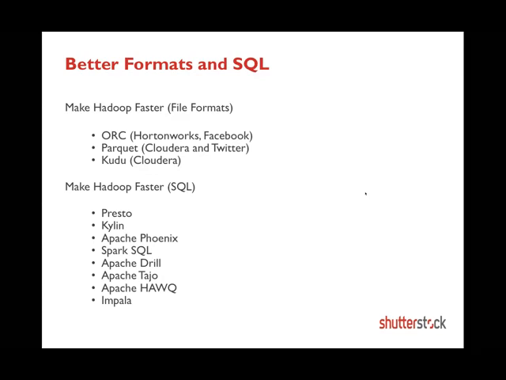And you've got more. Spark has Spark SQL, where all of a sudden it's like, wow, I could use SQL to query anything. You have Apache Drill that's out there. Another interesting one, Apache Tajo, designed for low latency. I think Apache HAWQ used to be Pivotal's Greenplum product, donated to the Apache Foundation.